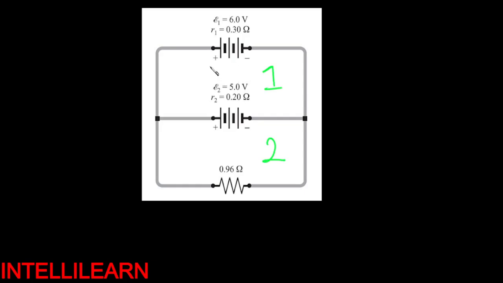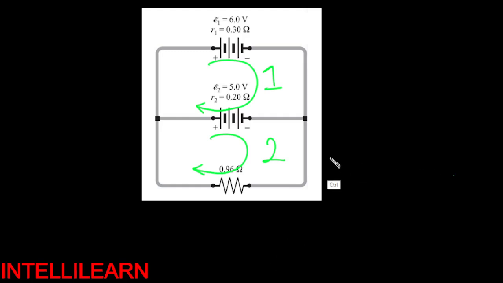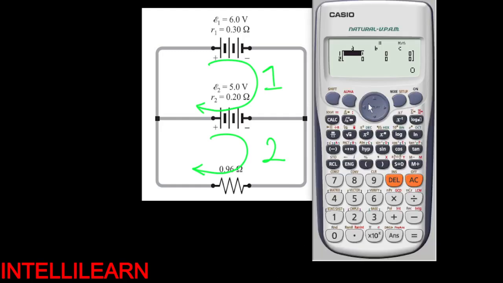Now go clockwise. So take your calculator, mode 5, 1. Now inside the first loop, what is the total resistance? That is what? 0.3 plus, that's an internal resistance, but I will still consider it, plus 0.2.